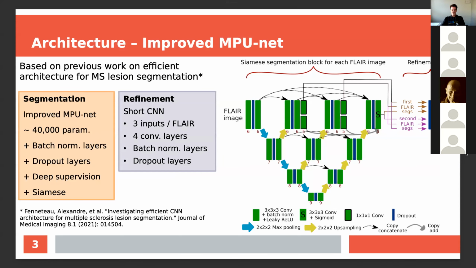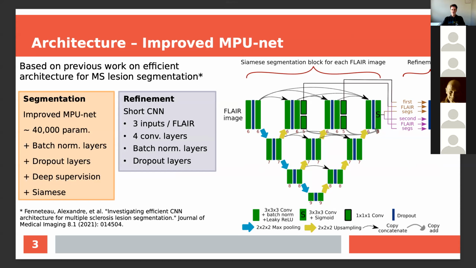Then this is our architecture. This is the thing we worked on the most. Our architecture, as you can see, can be split into 2 blocks: the segmentation block here, and the refinement block here.